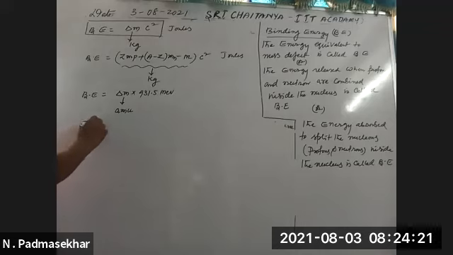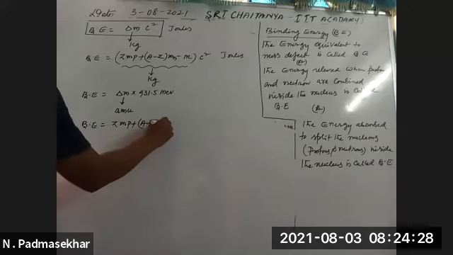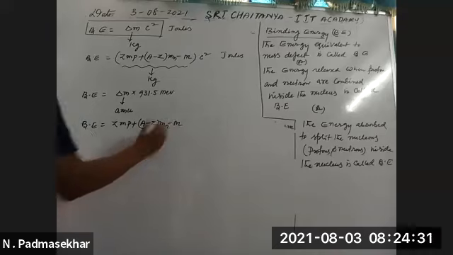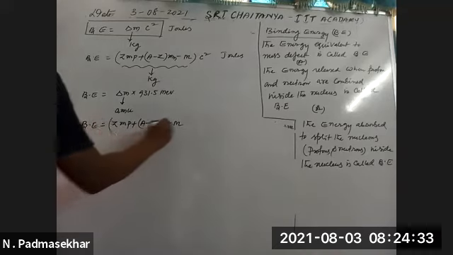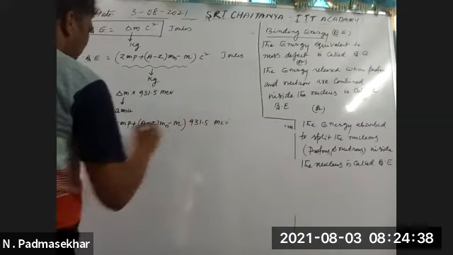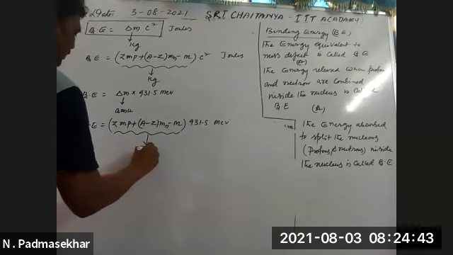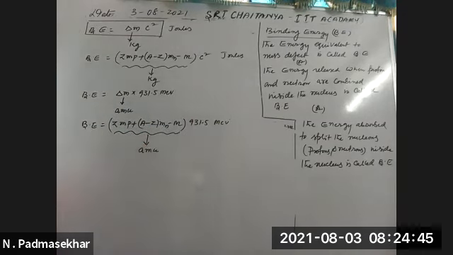Binding energy is equal to [Z Mp + (A - Z) Mn - M] into 931.5 MeV, and the whole thing must be in AMU. This is the binding energy.